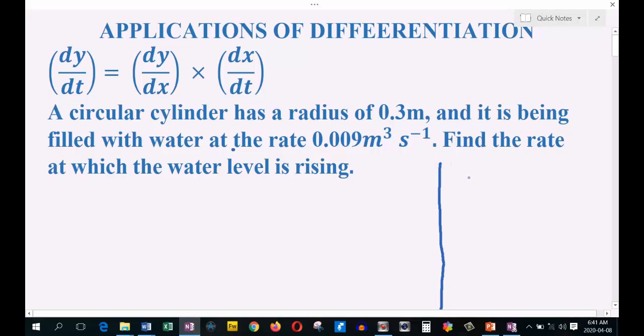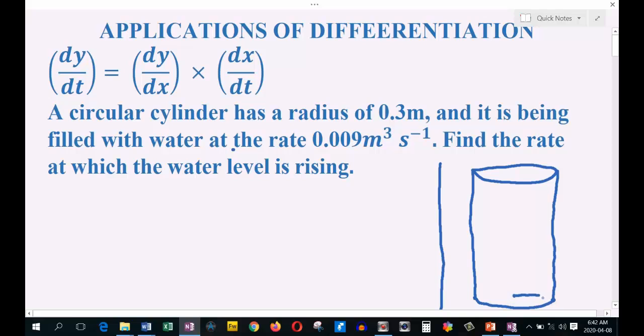Now, this is our cylinder. And this is the radius r, and this is the height.